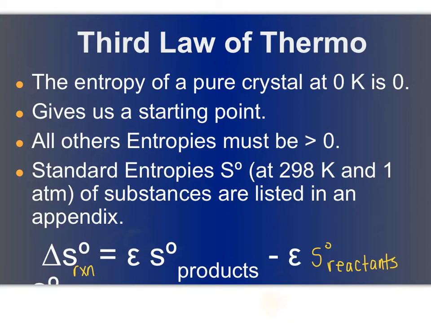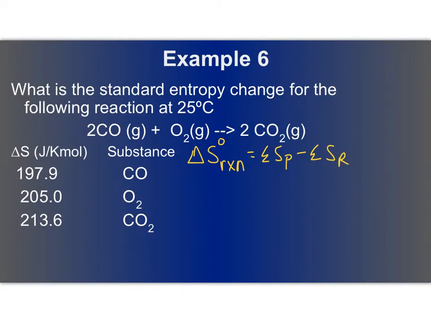entropy of the reactants. In example 6, we need to find the standard entropy change for the synthesis of carbon dioxide. So we will start by looking at the products, and notice that we have 2 moles of CO2. So to start this reaction, we will take 2 times the entropy of CO2, which is 213.6 joules per mole Kelvin. And then we will subtract it from the entropy of the reactants.